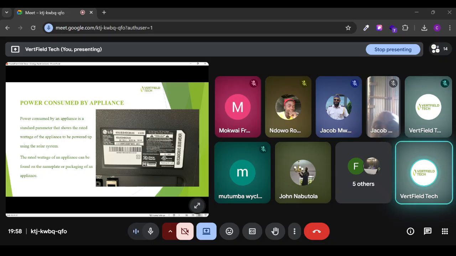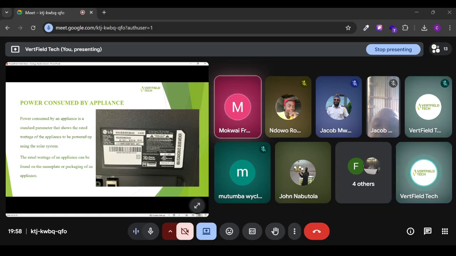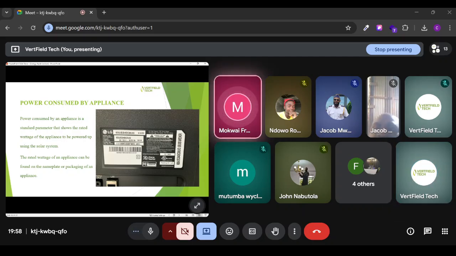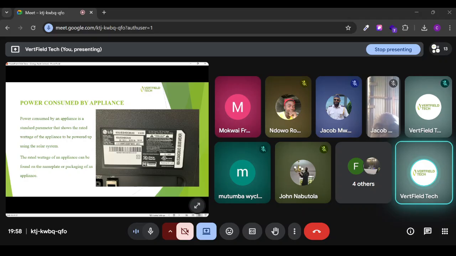Is there any other person who can give us the exact energy consumption? Mr. John, you are on the right track, but you are trying to confuse us. Okay. Any other person? Go ahead. 50 to 60 hertz. No, that's not the energy consumption.